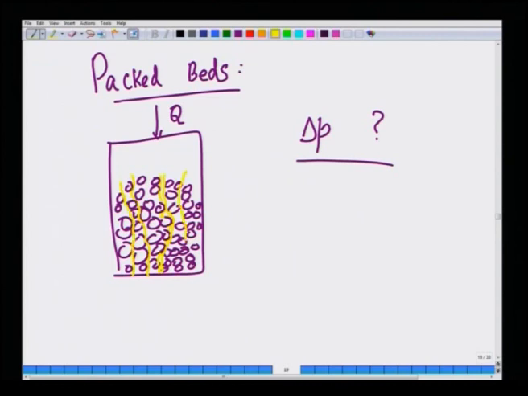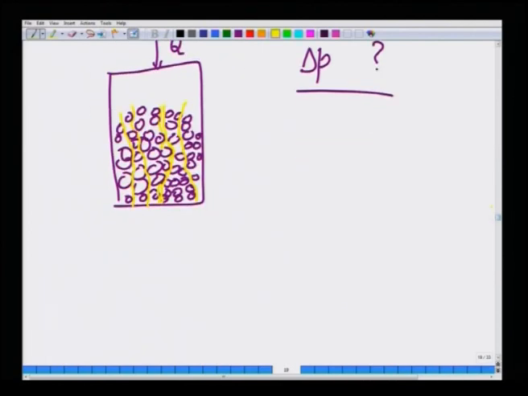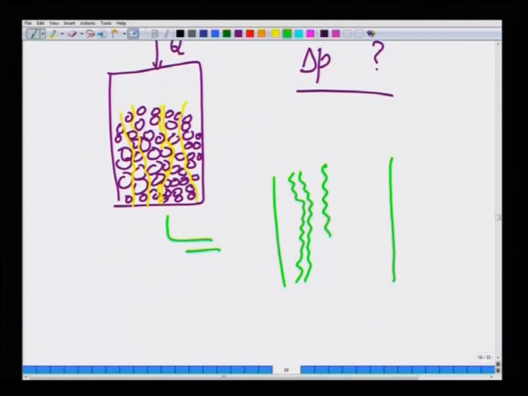There are going to be gaps through which fluid is going to flow, and so essentially the flow through a packed bed can be thought of as a flow through a bundle of corrugated tubes. You can imagine each path can be like a tube and there are several such paths. There is empty space within the tube and then the rest is all the solid filling. So, this is the model that we are going to use.